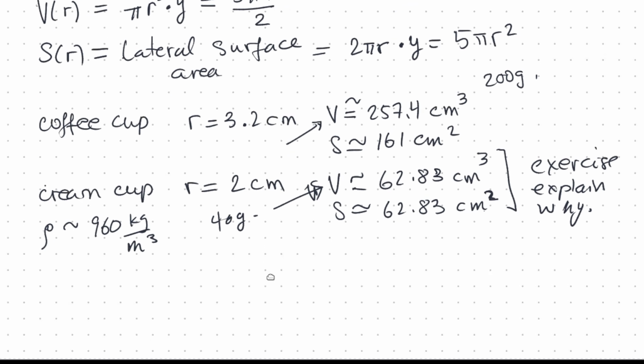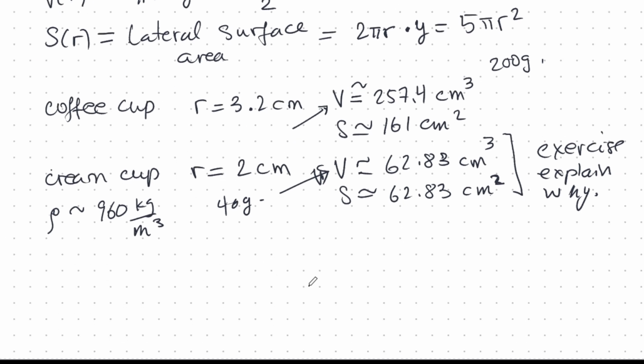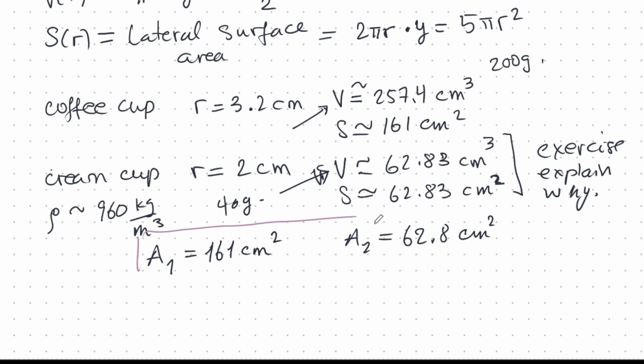Okay, so that's great. I have values for A1 and A2. So A1 is going to be about 161 square centimeters, and A2 is the effective surface area of the little cup. Well, this is going to be about 62.8 square centimeters like this. So I've got those two values figured out now, and I'm almost done.